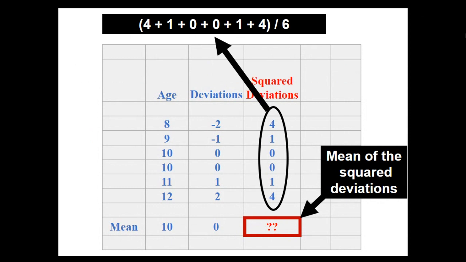Okay, now go ahead and calculate the mean of the squared deviations and tell me what you get. And remember, the mean of the squared deviations is the mean of 4 plus 1 plus 0 plus 0 plus 1 plus 4.